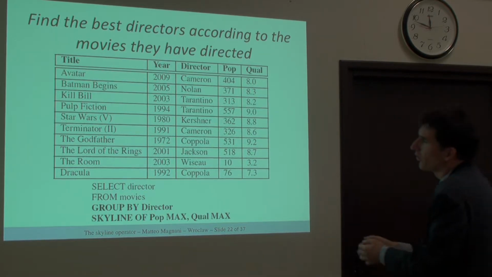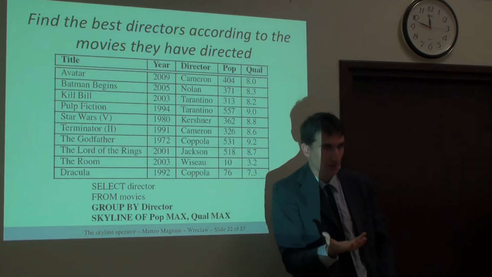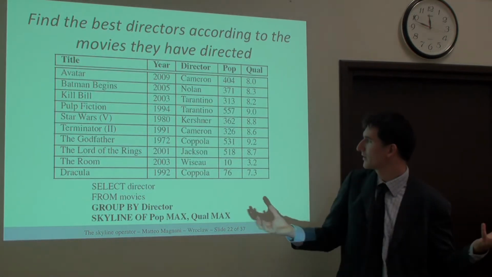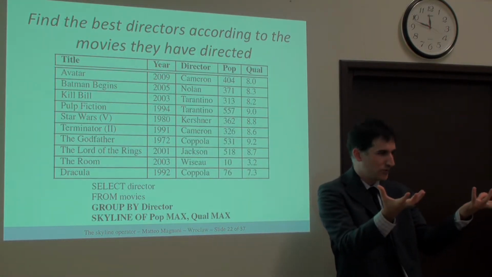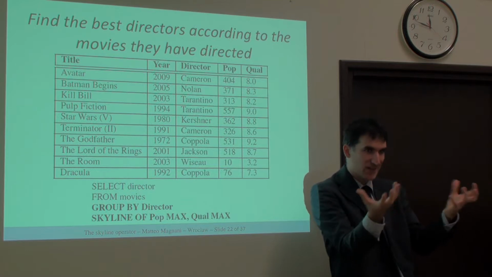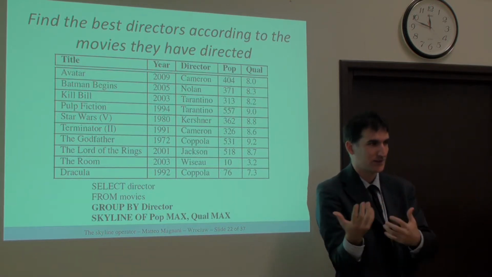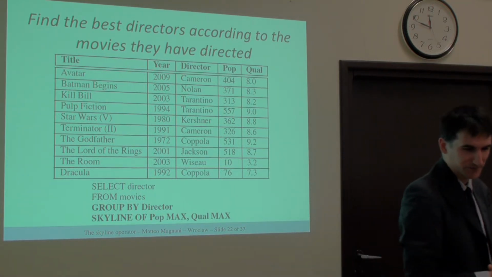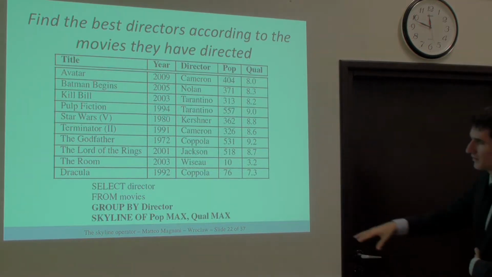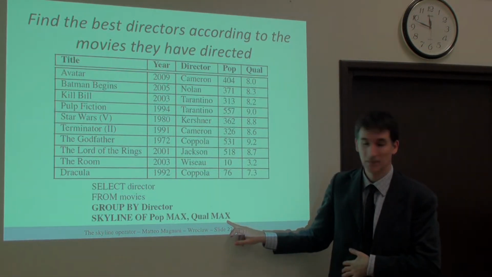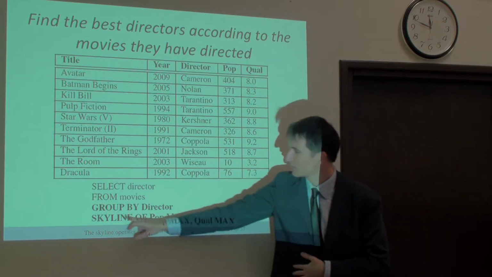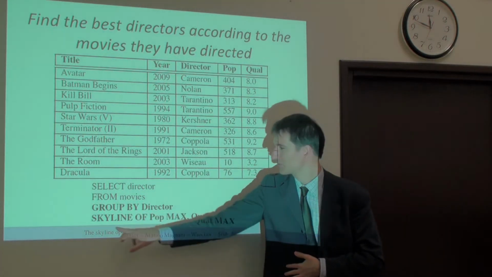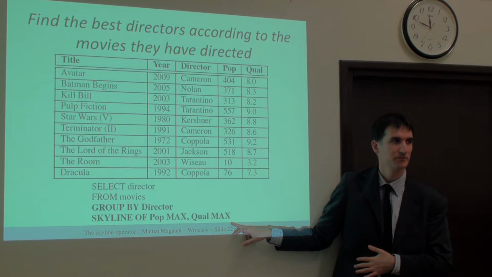So you take all the movies directed by Tarantino, and all the movies directed by Jackson, and you have to decide which set of movies is better than the other, to understand which is the best director. And this is written in SQL. You can see that it puts together a group by operation and the skyline operator.